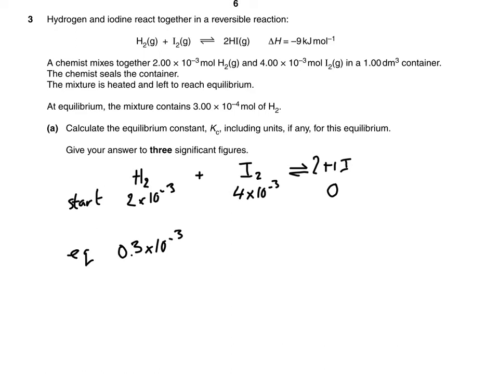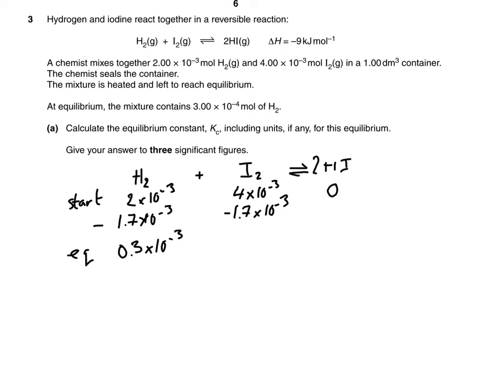That means that the amount of hydrogen that reacted must be 1.7 times 10 to the minus 3 moles. Okay. For every 1 mole of hydrogen that reacts, 1 mole of iodine will react. So to work out the number of moles of iodine, we're going to take our initial number of moles and take away the 1.7 times 10 to the minus 3.